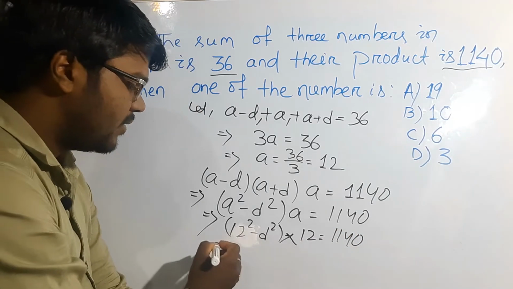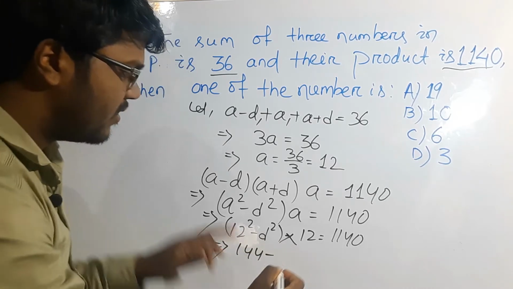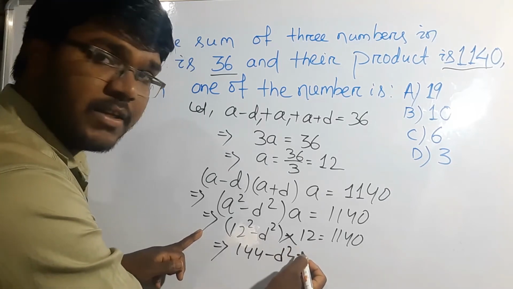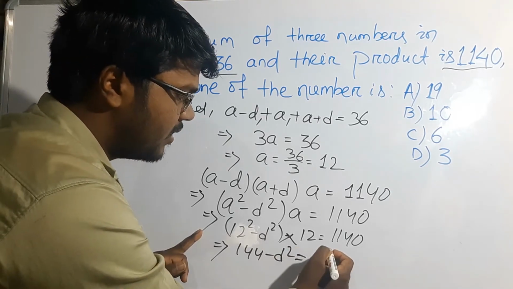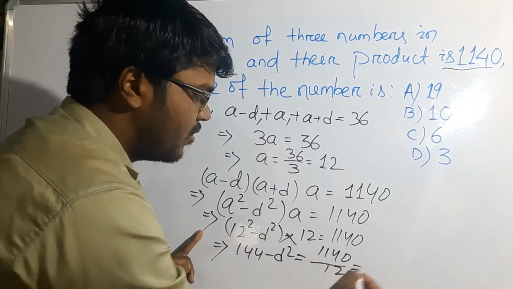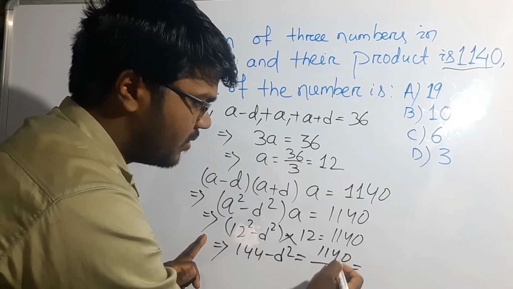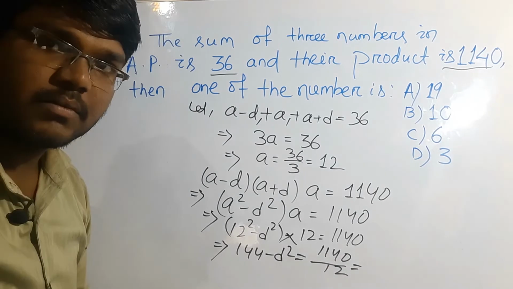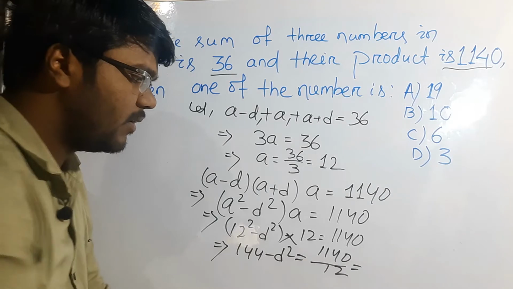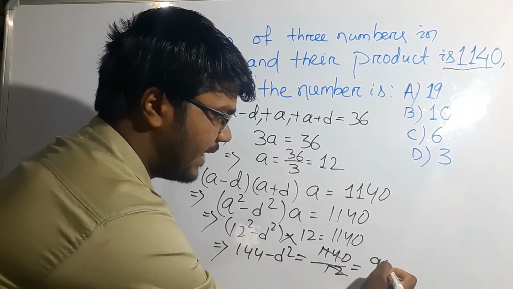Then what will happen? 12 square is 144 minus D square. 12 is multiplied here, so it will be divided on the other side. 1140 by 12. If we cancel 1140 with 12, it will become 95.